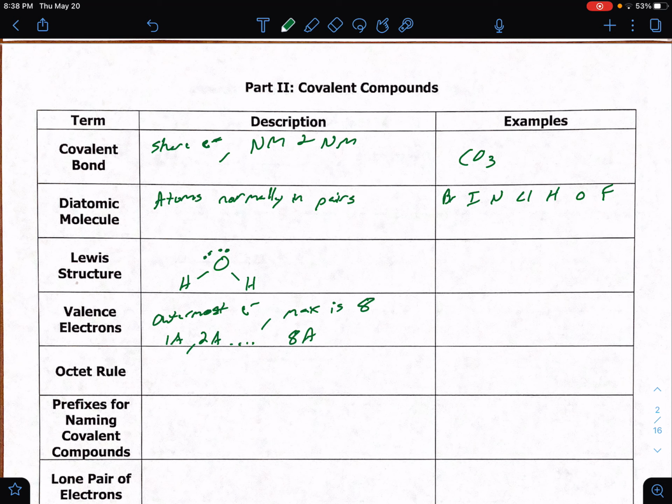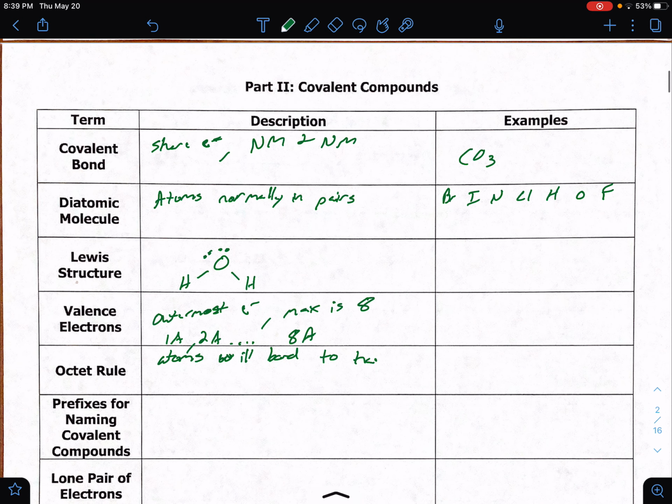That helps you determine your charge by looking at the valence electrons. The octet rule basically means that atoms typically bond to achieve 8 valence electrons. So atoms will bond to have 8 electrons.